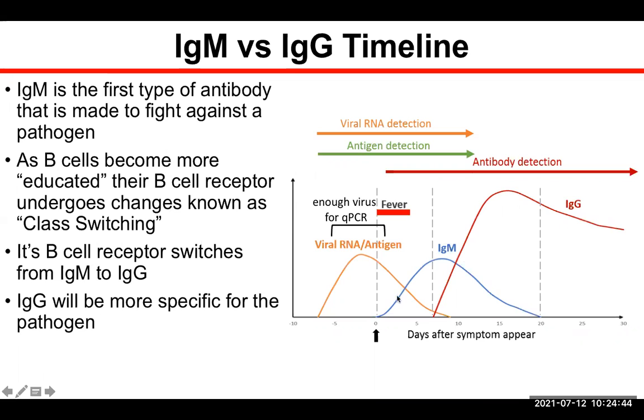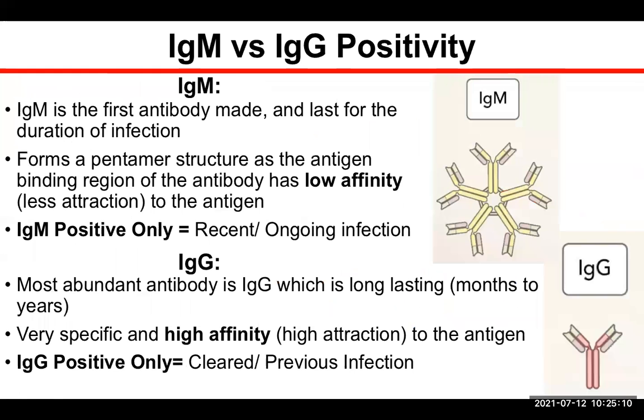The IgM is the first line of defense when it comes to the adaptive immune system. Then, as the B cells become more educated, they undergo this process called class switching, where they switch their IgM into IgG. This IgG is more specific for the pathogen, and it ends up helping the innate immune system recognize the pathogen and kill it more efficiently.